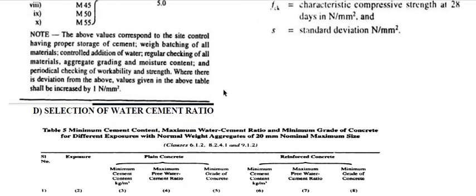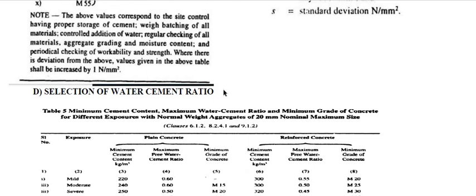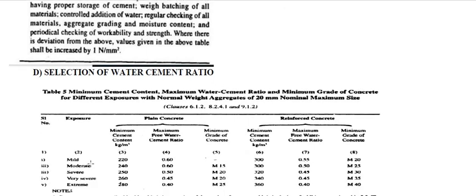Then selection of water cement ratio. I already mentioned that the exposure condition is moderate. Nowadays all the roofs are made of reinforced concrete, and I use reinforced concrete also. The minimum grade for the moderate condition is M25. I am designing the same, so the minimum grade criterion for the moderate exposure is satisfied.